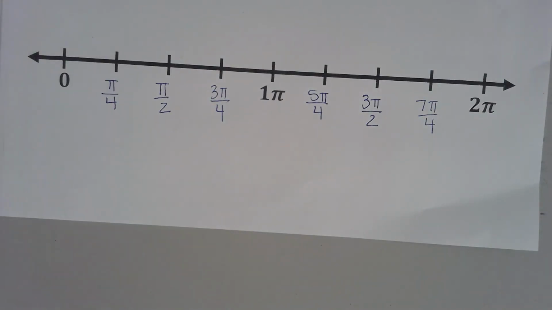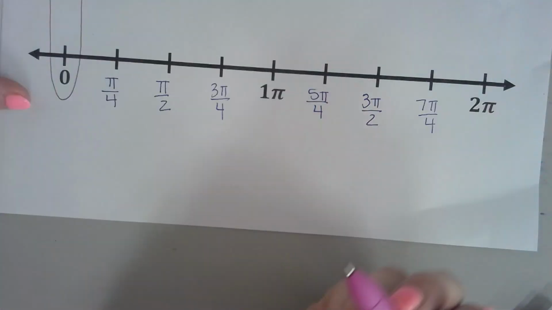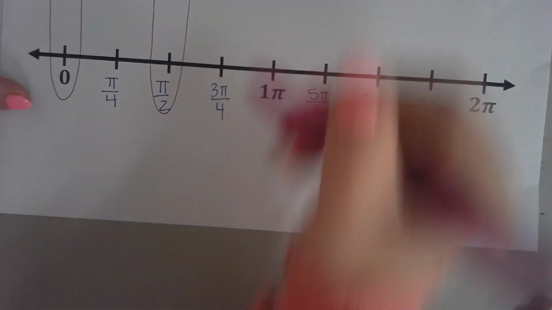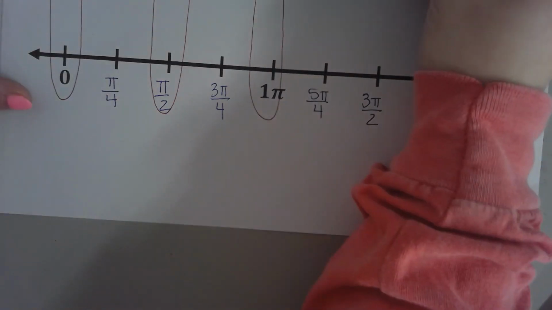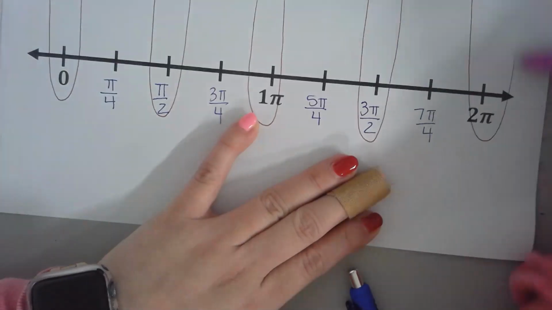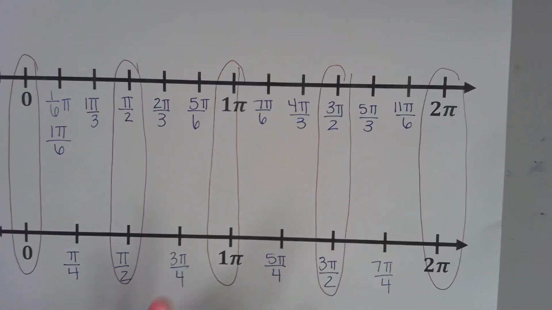So if you look on my number lines, those are the same. Those are the same. Those are the same. Those are the same. And those are the same. Interesting. Okay.